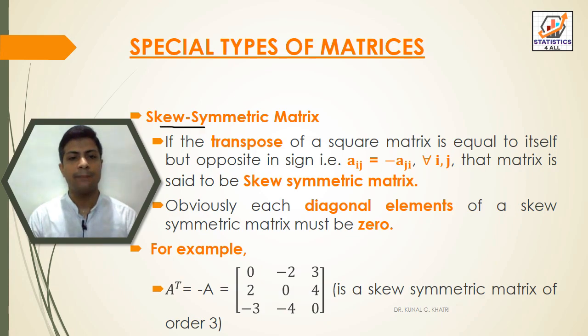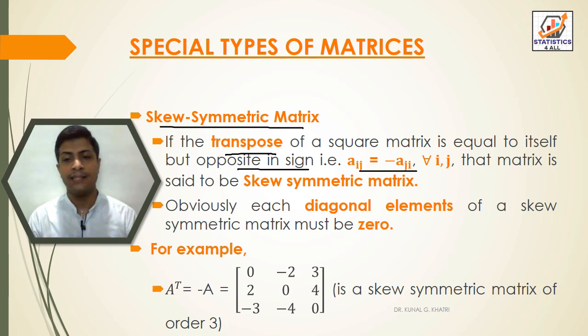Now skew symmetric matrix. If the transpose of a square matrix is equal to itself but opposite in sign, that is Aij is equal to minus Aji for all i, j, that matrix is said to be a skew symmetric matrix. Obviously each diagonal element of a skew symmetric matrix must be 0.